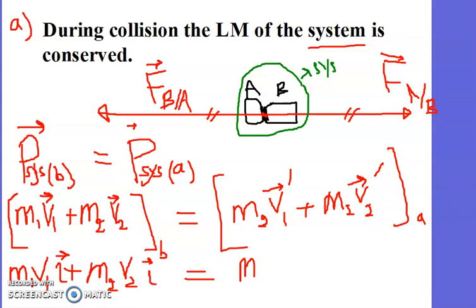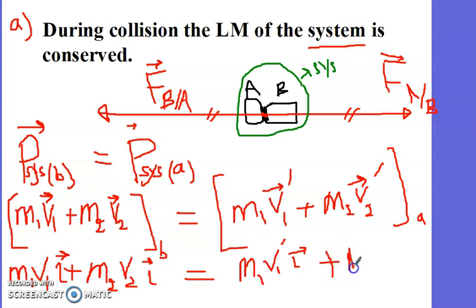M2, sorry, here there is M1. M1 V1 prime, and this is the unit vector I. Why? Because the collision takes place along x prime x only.